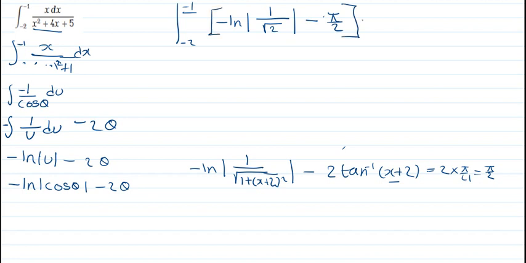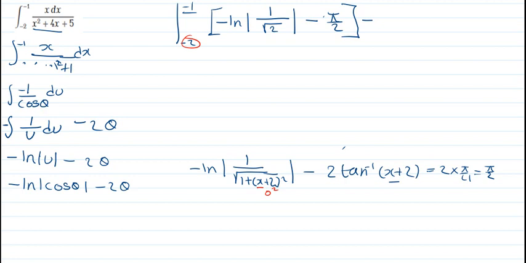Then minus, we need to put our lower limit. So when you check for our lower limit, when you plug in the negative 2 where there is x, it's going to be a 0. 0 squared is 0. 1 plus 0 is 1. Square root of 1 is 1. 1 over 1 is 1.